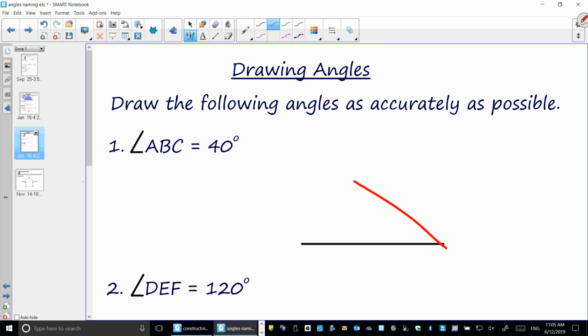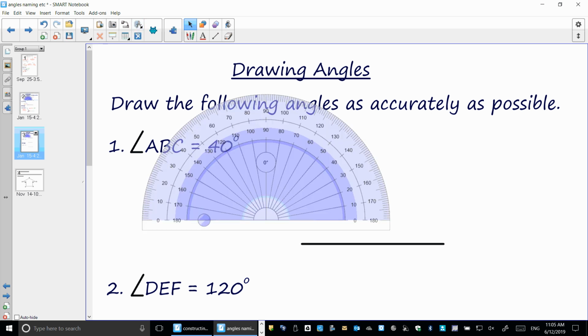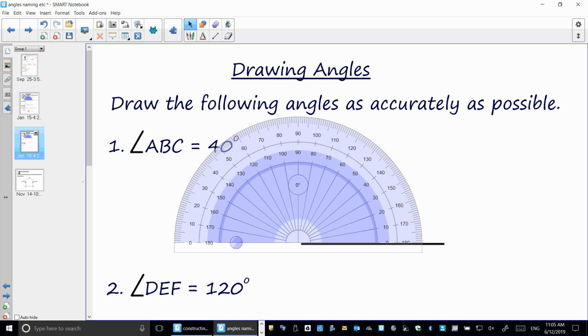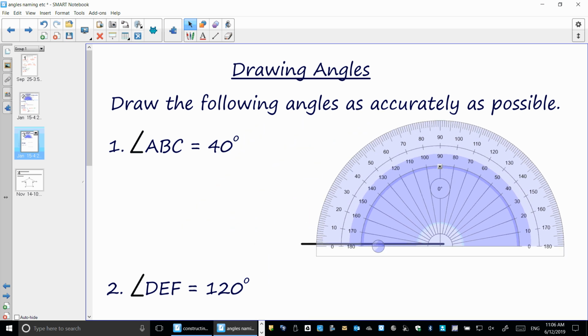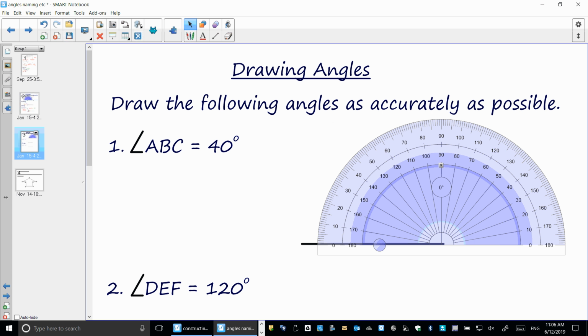It doesn't matter which one, okay? How you draw it depends on which side you put your protractor. Your protractor sits again on the end of the line, so either this end or this end. It doesn't matter which one, okay?